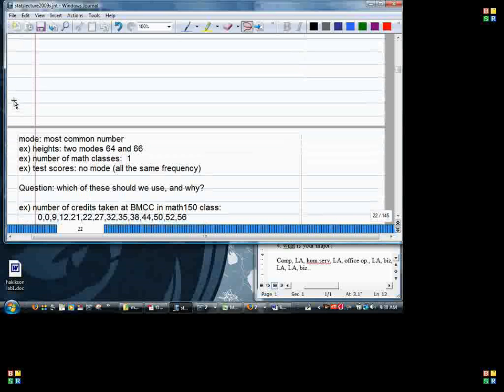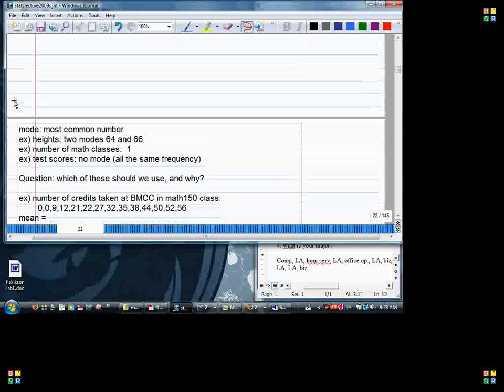So I got this list for number of credits taken. What's the mean? Add them all up and divide by 20. In the interest of time, I'm going to try to do this from memory. The mean was approximately 28.